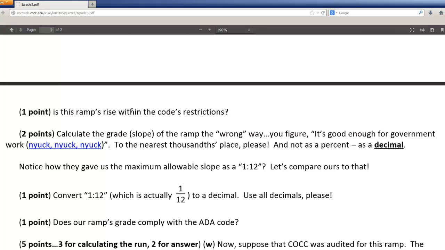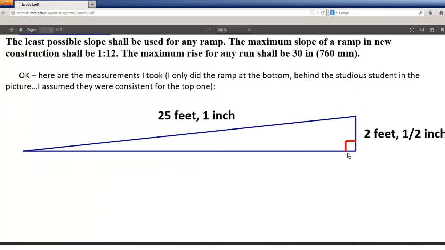Next, calculate the grade slope of the ramp the wrong way. You figure it's good enough for government work? The wrong way means forget the fact that we don't have the run, and just calculate it as rise over hypotenuse. I'm going to use Google to help me.